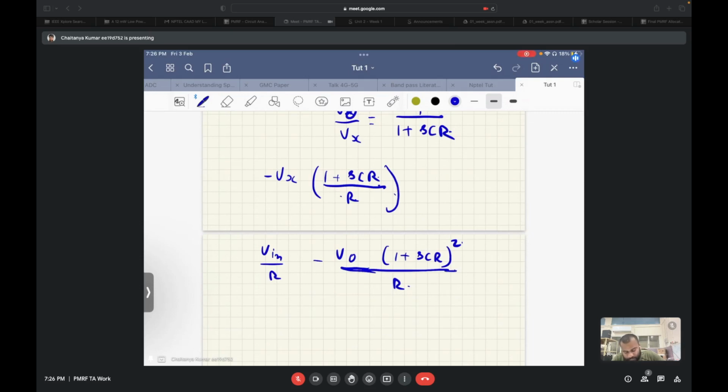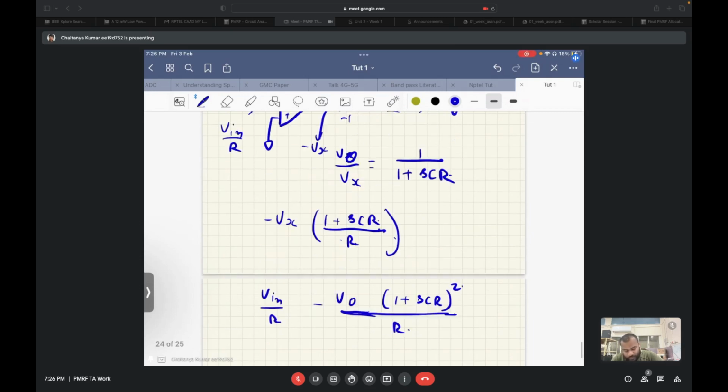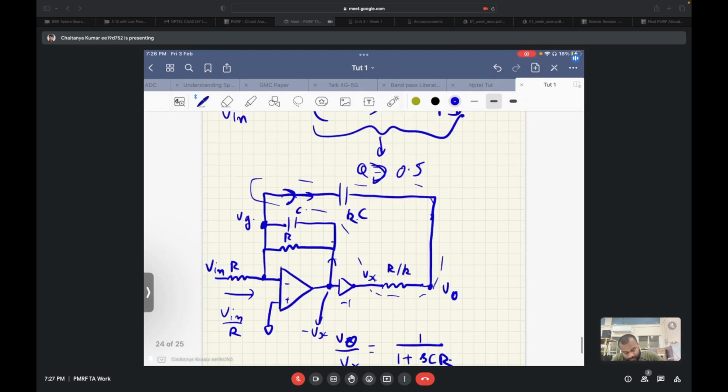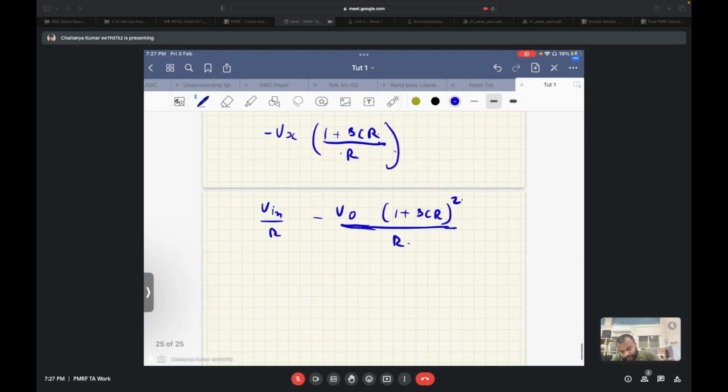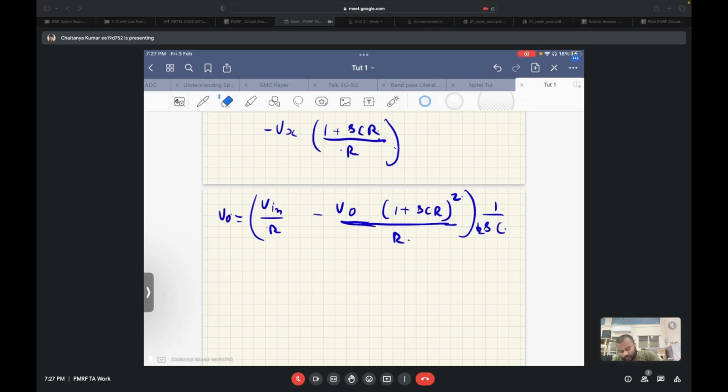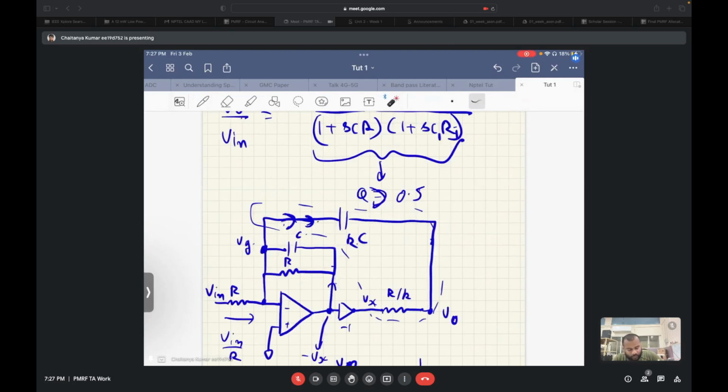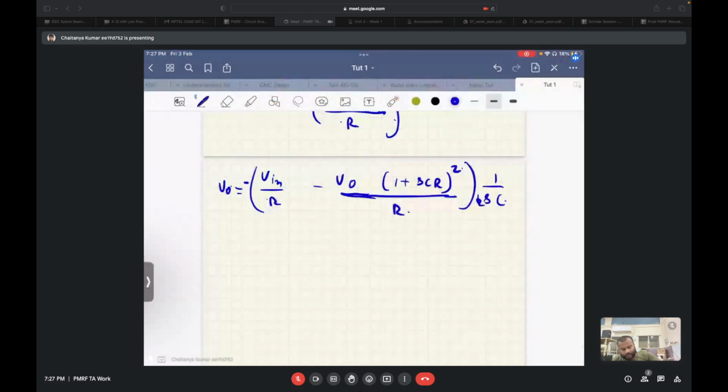Now this current flows through this node, and the output voltage is this current multiplied by 1 upon KSC. Sorry, this is basically minus of this current into 1 by KSC, as the current is flowing in this direction, so this has to be a negative voltage.